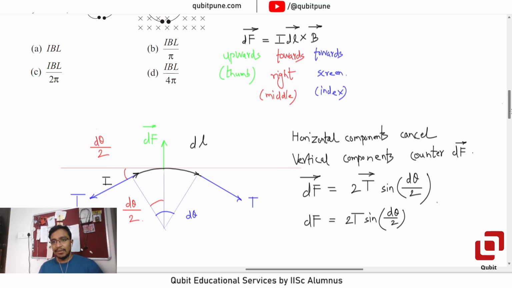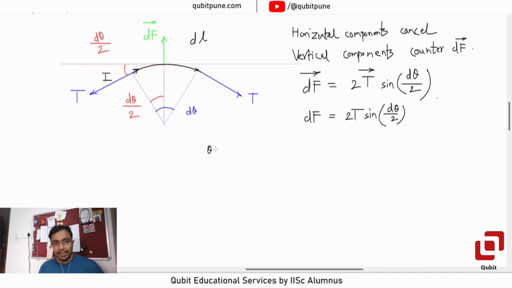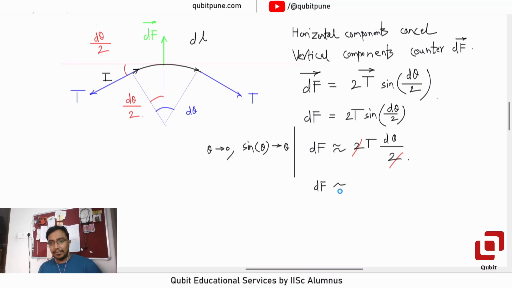And now we will bring that famous approximation that if theta tends to 0, sine theta tends to theta. Using it, df is approximately 2T d theta by 2, that is, df is approximately T d theta.